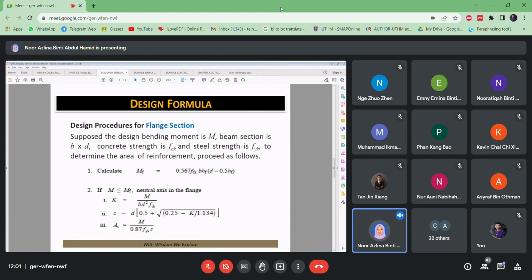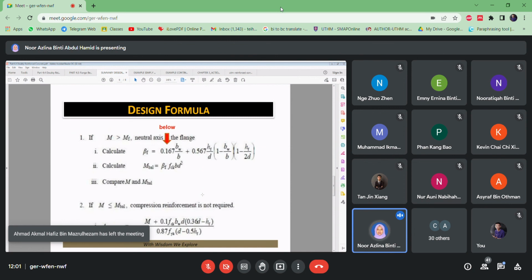So then this also summarize the design formula for the flange sections, okay, which is you need to do the comparison with the MF here. Calculate the MF first. So either neutral axis lies in the flange, right, ataupun neutral axis below the flange, that means neutral axis in the web.